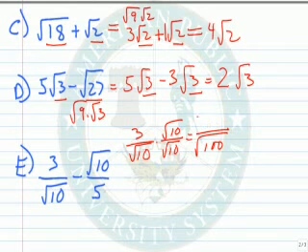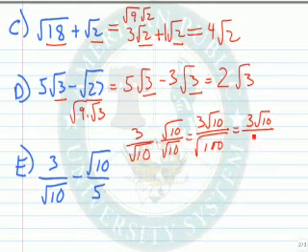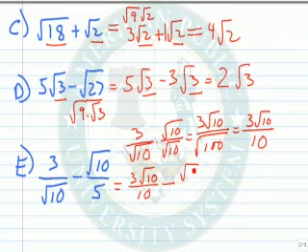This is outside, so we can't put these together. 3 times the square root of 10, so we have 3 times the square root of 10 divided by the square root of 100, which is 10. So the problem now has become 3 times the square root of 10 divided by 10 minus the square root of 10 over 5.